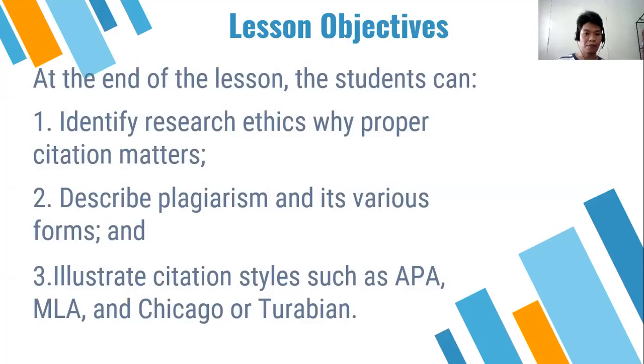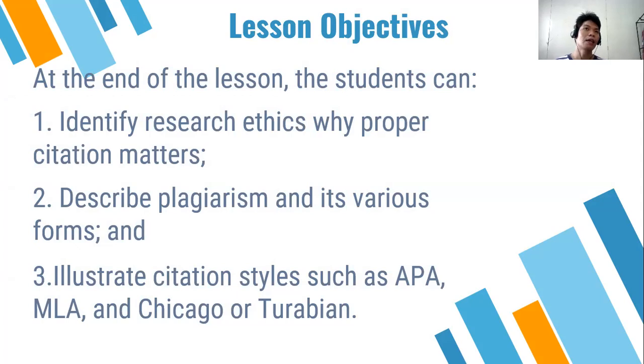So lesson objectives. At the end of the lesson, the students can identify research ethics, why proper citation matters, describe plagiarism and its various forms, and illustrate citation styles such as APA, MLA, and Chicago or Turabian.